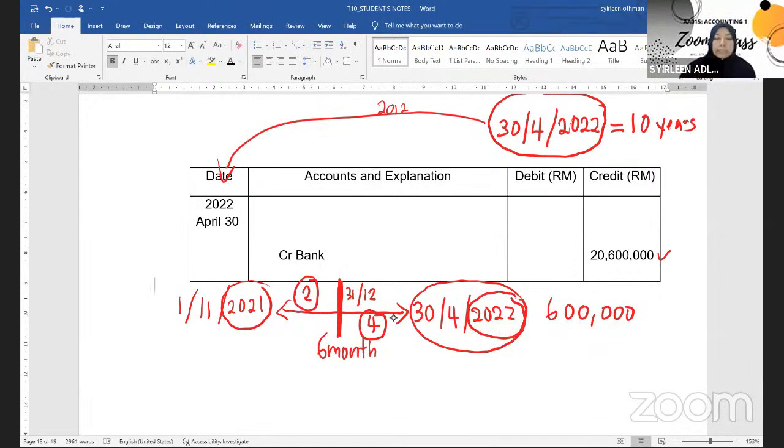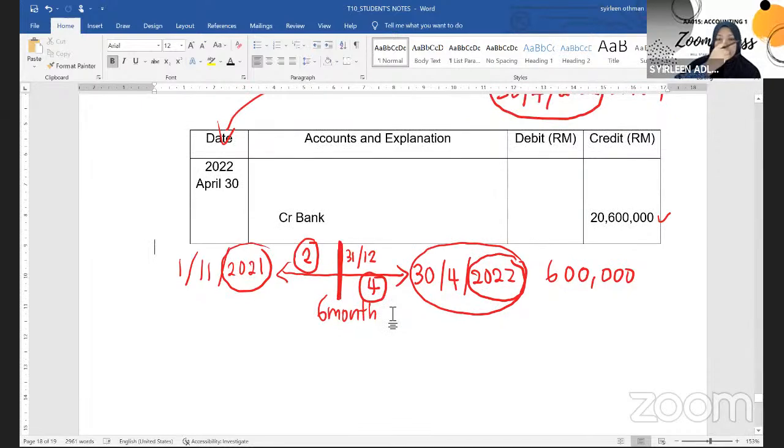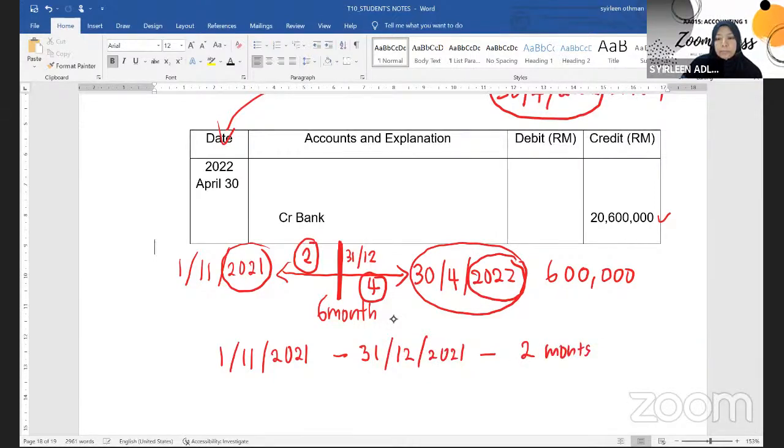So when I close the account for December, from 1st of November 2021 until 31st of December 2021, I have 2 months of interest. Okay, so this must be recognized, declared as interest because it is an expense for that year.